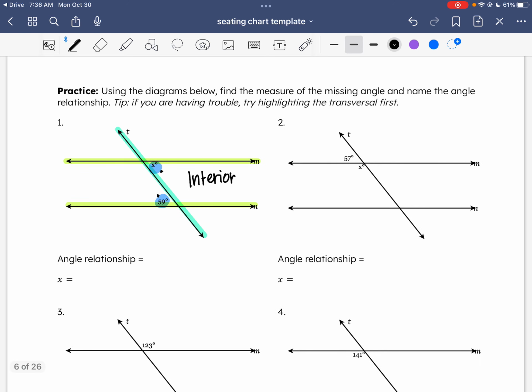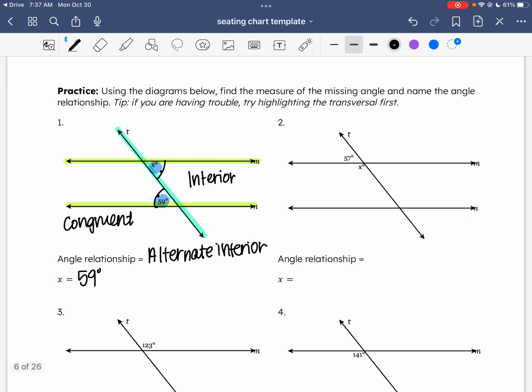So the angle relationship is alternate interior. And we know that alternate interior angles are congruent. So if this angle is 59, then this angle is also 59.